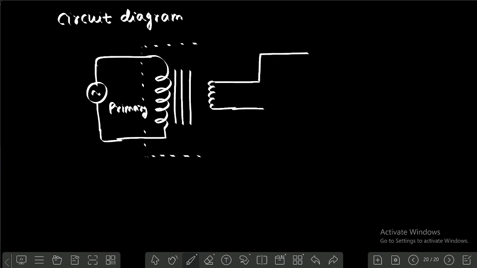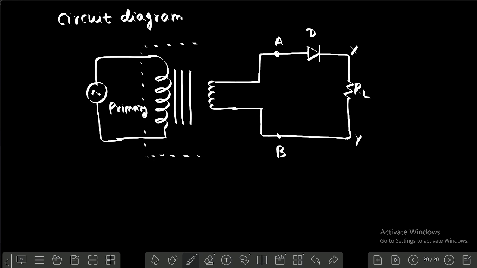I am doing the same thing again. This is X, this is Y, this is RL, this is the diode D, this point is A and this point is B. This is our secondary coil. This is the circuit diagram for the half wave rectifier.